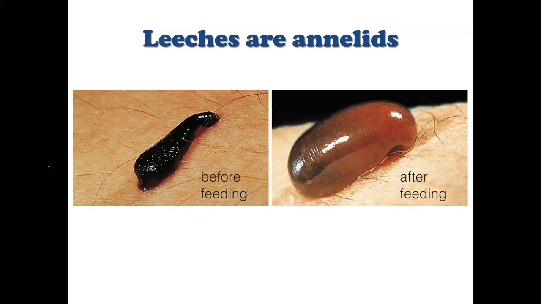which are also annelids. Leeches, I think most people are aware, are blood-sucking worms, so they'll hang around in fresh water, and as mammals go into the fresh water, they will be able to detect the body heat of these mammals, and will swim over to them and then latch on, and they will just simply suck blood. They have these really, really sharp teeth.